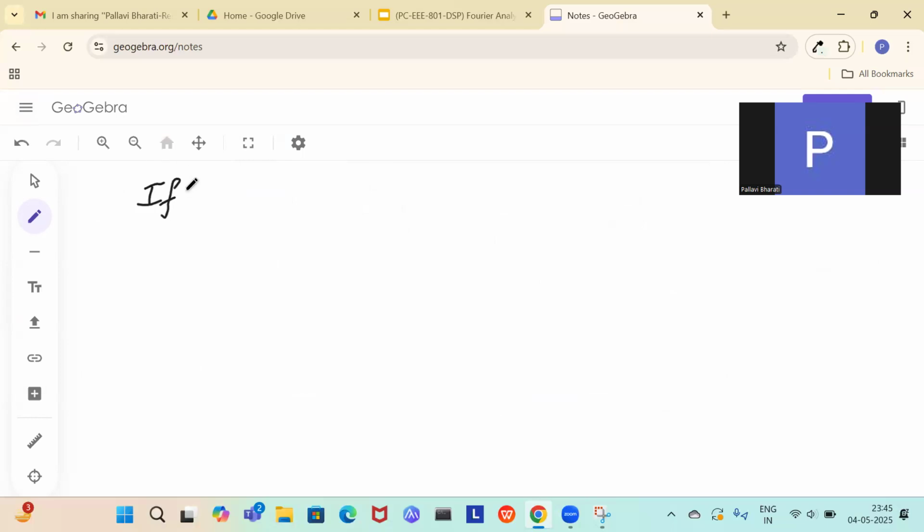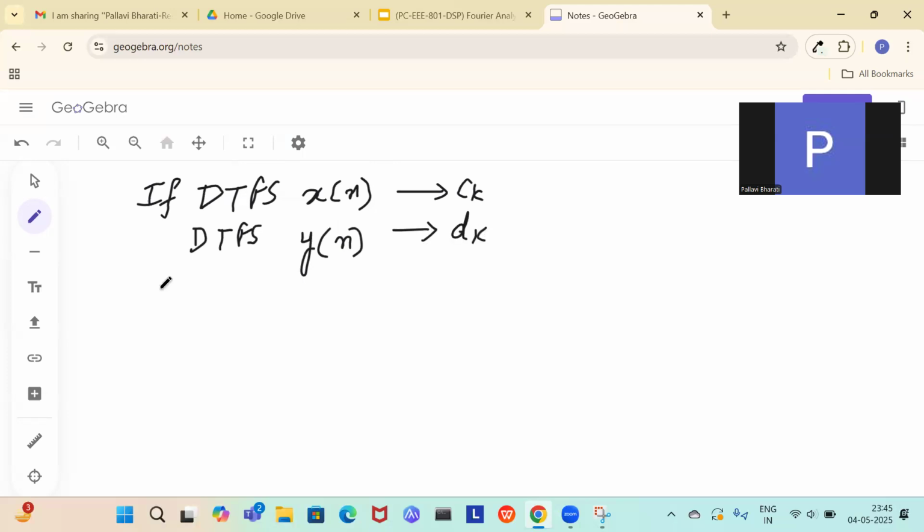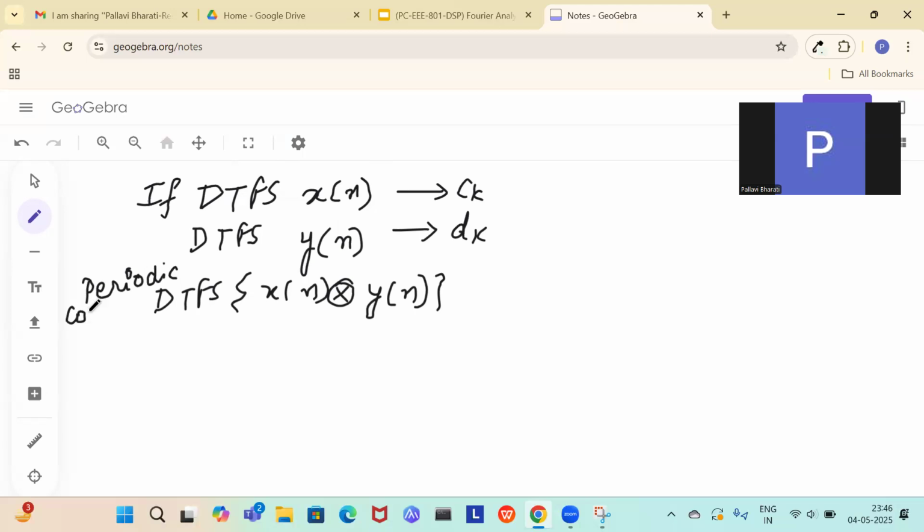If DTFS of x[n] is c_k and DTFS of y[n] is d_k, then the DTFS of the periodic convolution of x[n] and y[n] is multiplied in the frequency domain, c_k into d_k.